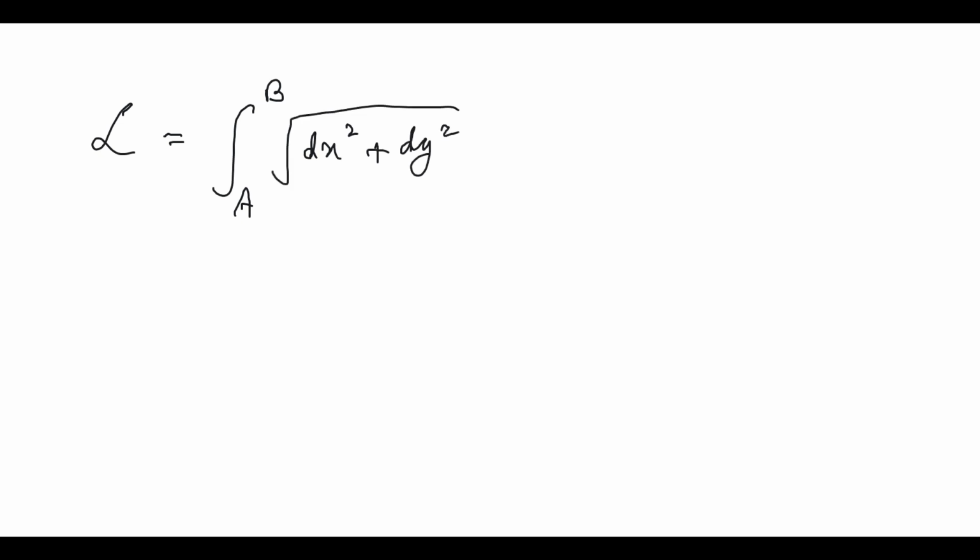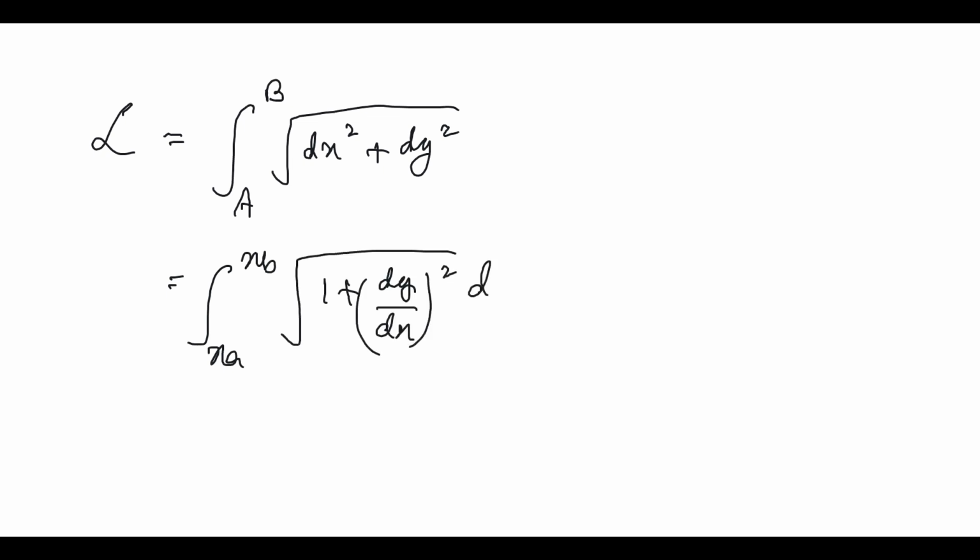Now I know from calculus that the distance between any 2 points can be found using the integral of the square root of dx squared plus dy squared, correct? I can also write it as the integral from xa to xb of the square root of 1 plus (dy by dx) whole squared. Correct. Now let us call this part a function of y prime and x.